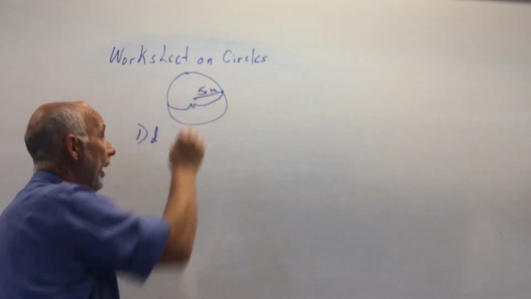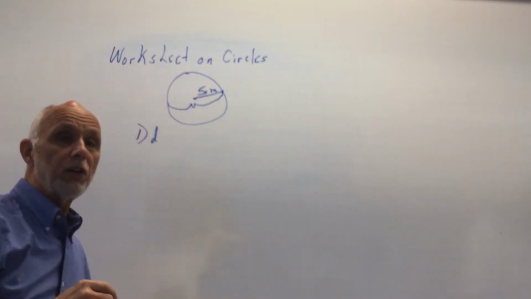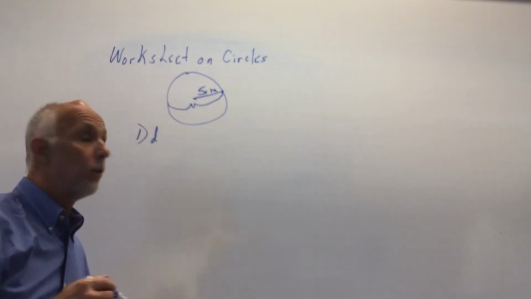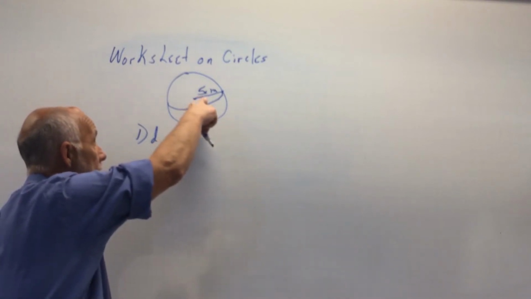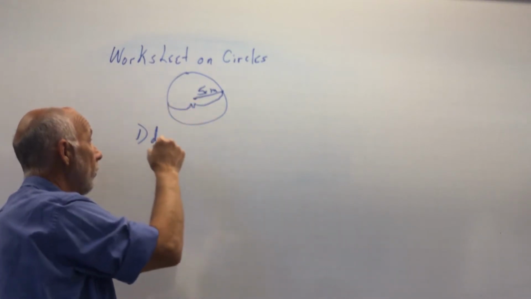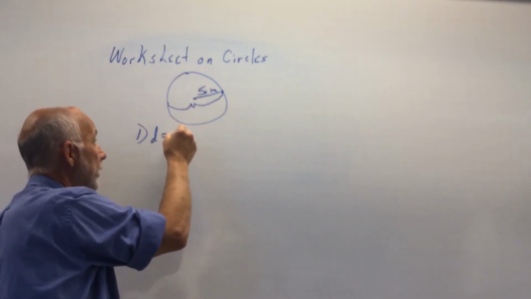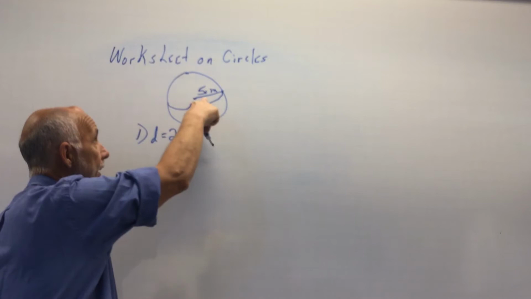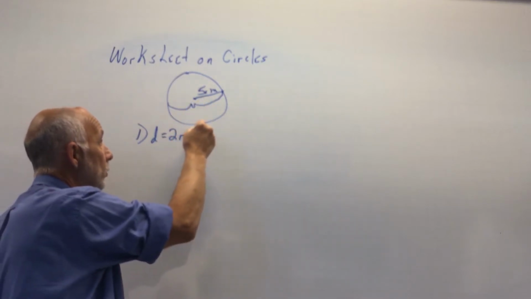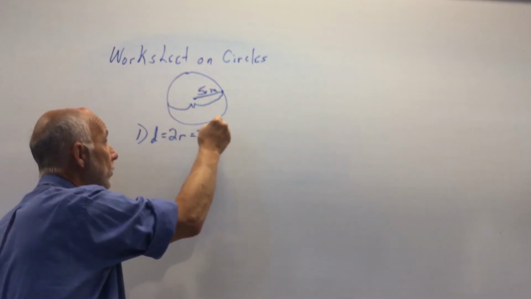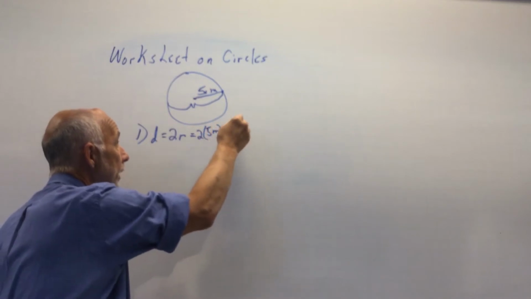But I only gave you half of that distance. So if you know this one, half the distance, how can you get the whole way? You multiply it by 2. So the diameter is equal to 2 times the radius, that is the radius. So that equals 2 times 5 centimeters, which equals 10 centimeters.